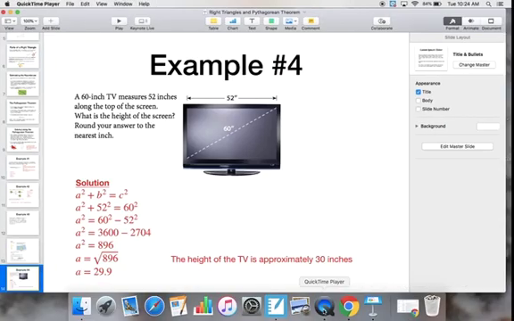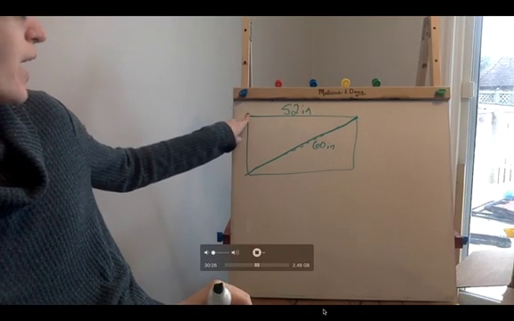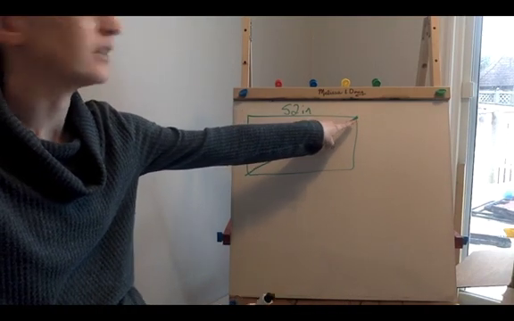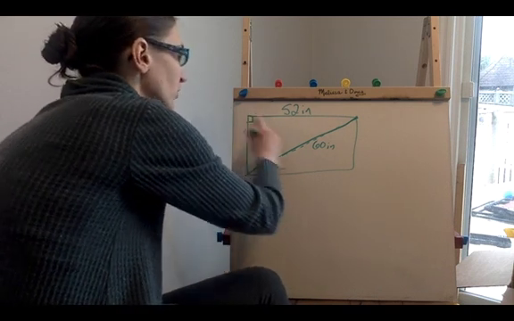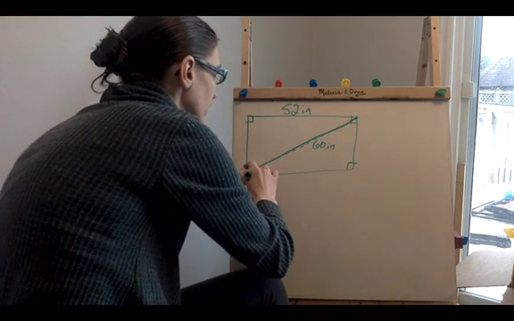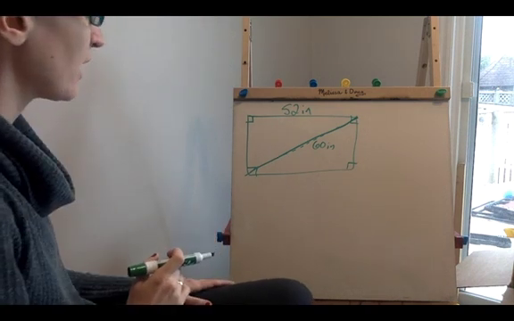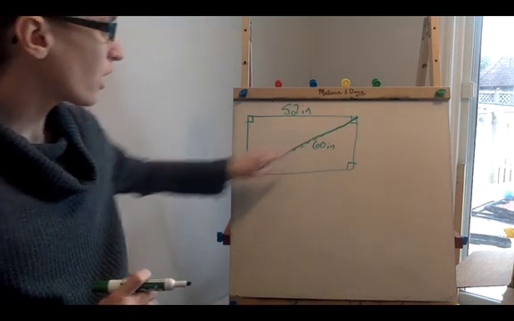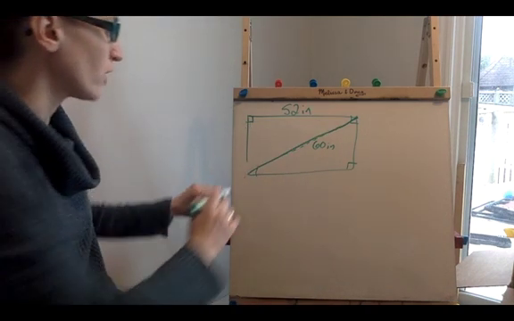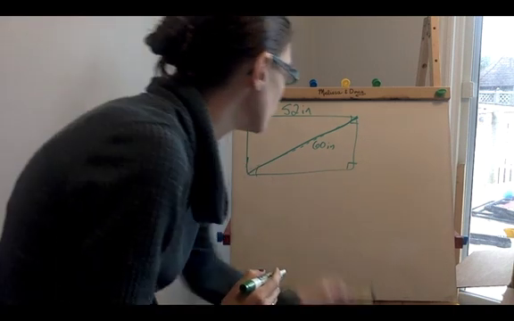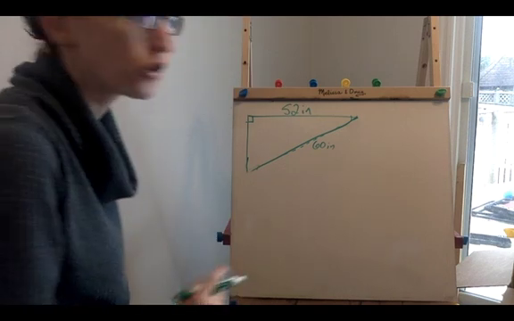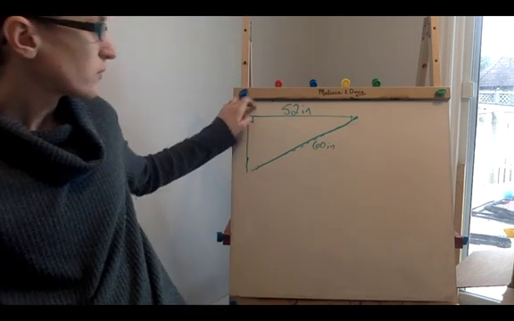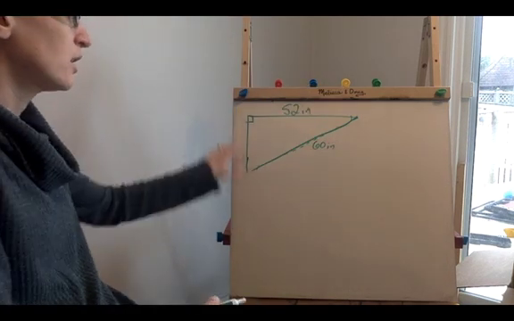So if we do that, I've just basically redrawn that, where you've got 52 inches and then the 60 inches going across. Now again, because this is a rectangle, rectangles have right angles in all of their spots, so what you end up getting is this nice triangle, and if you want, you can just erase the rest of it, so you can just see the triangle part, and there's your right triangle, 52, 60, and then your right angle.